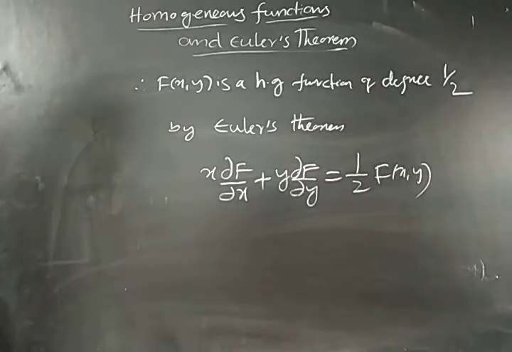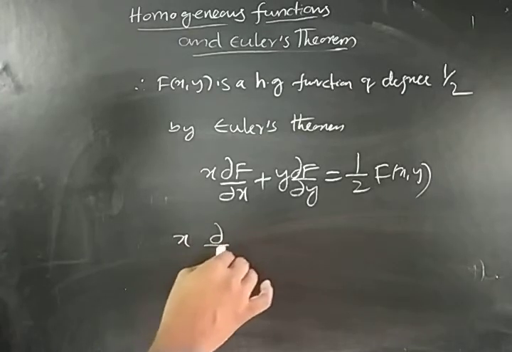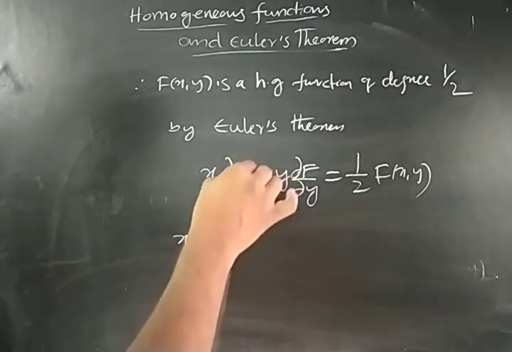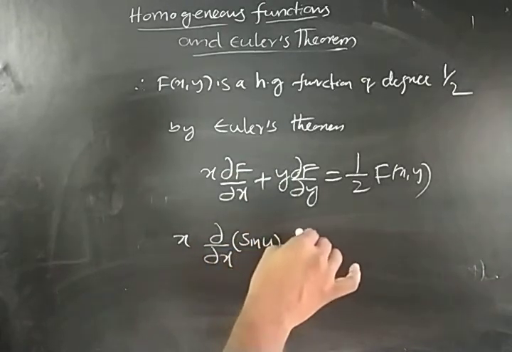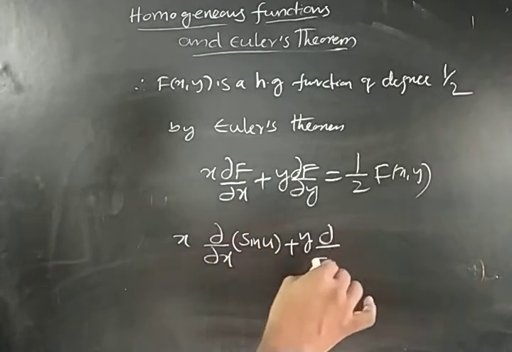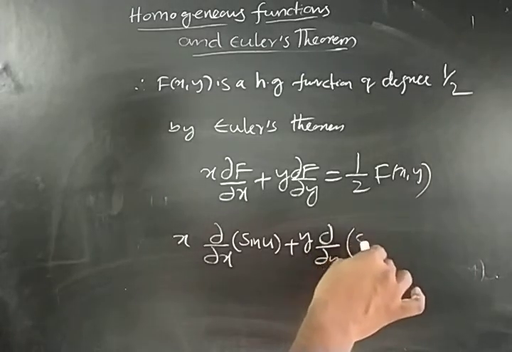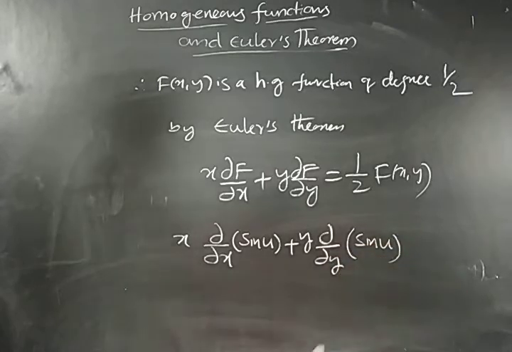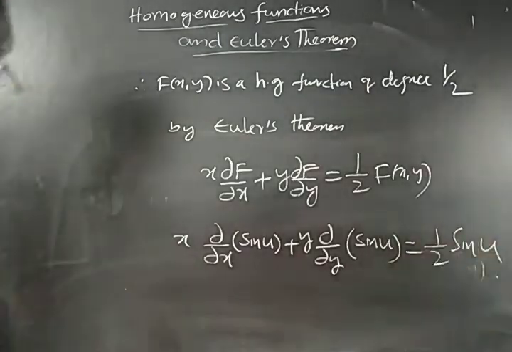Now x into ∂/∂x of f, where f of x comma y is nothing but sin u, plus y into ∂/∂y of again sin u, is equal to, we have to show it, 1/2 sin u.